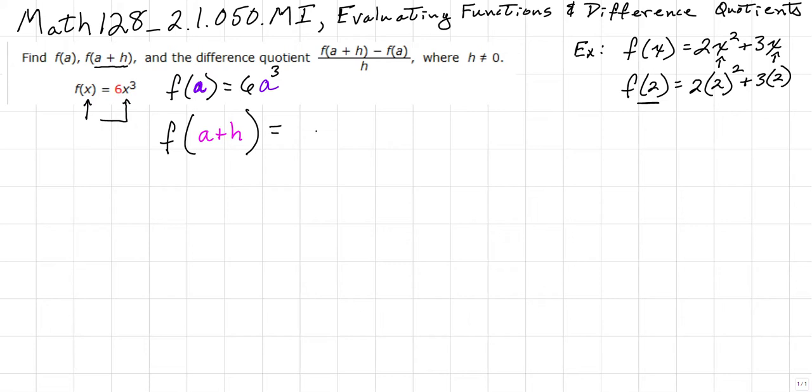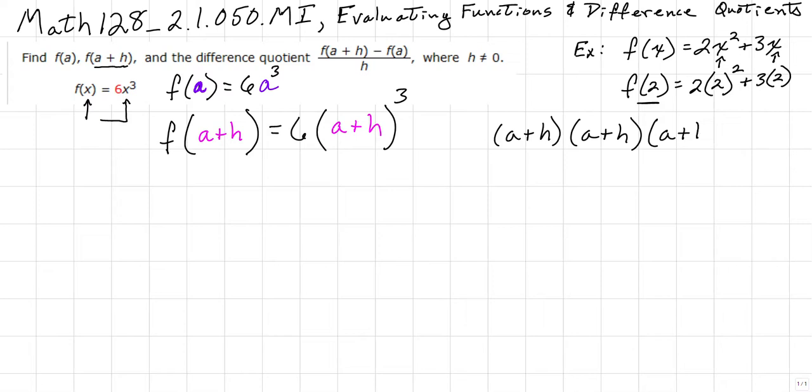So this becomes 6 times the quantity a plus h cubed. And then that's a binomial, which I will then multiply by itself 3 times.